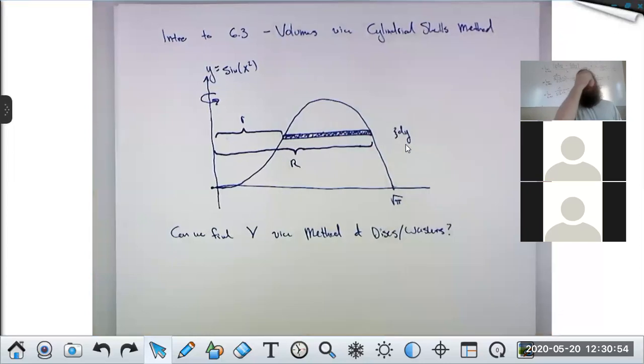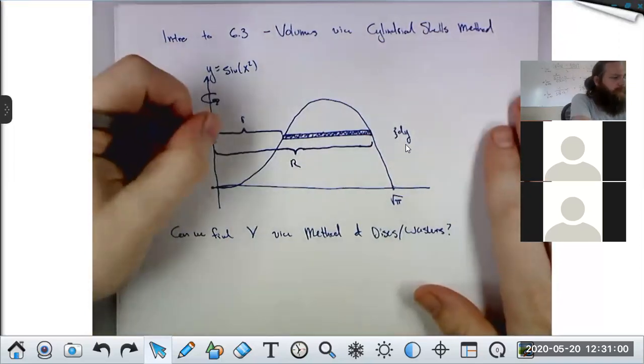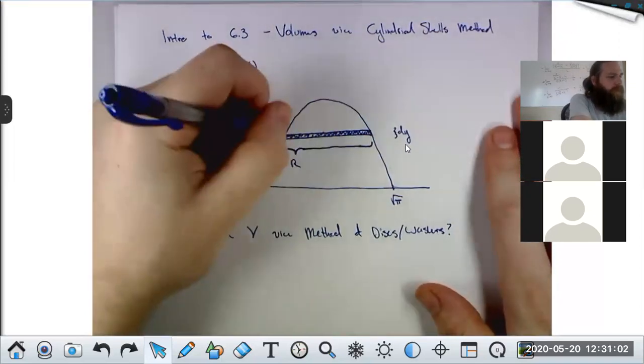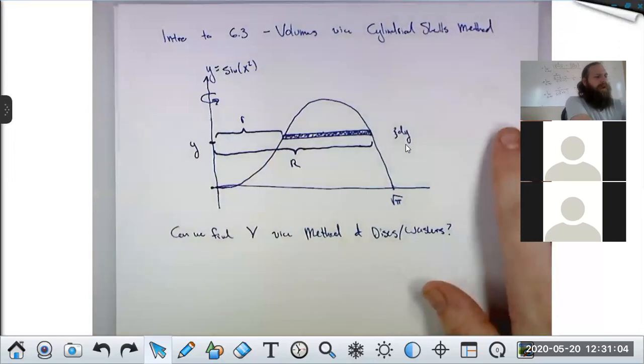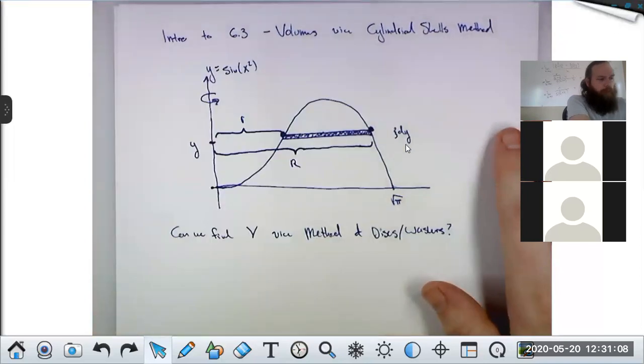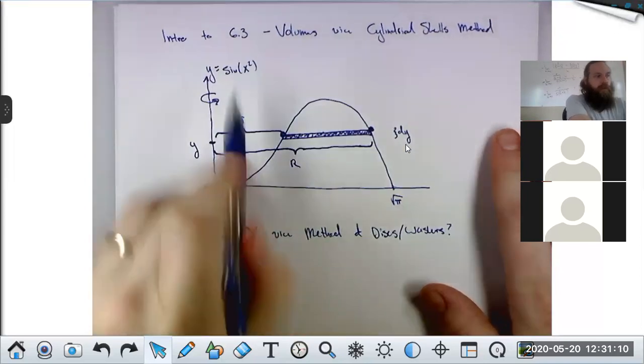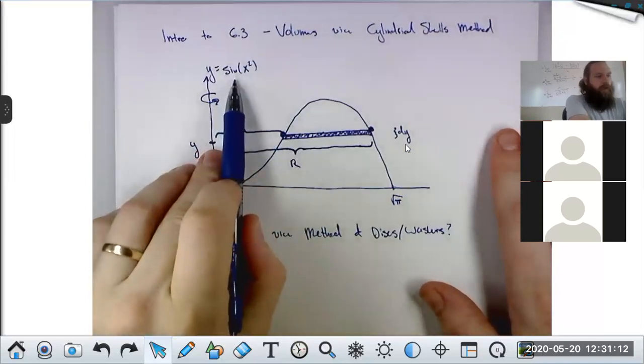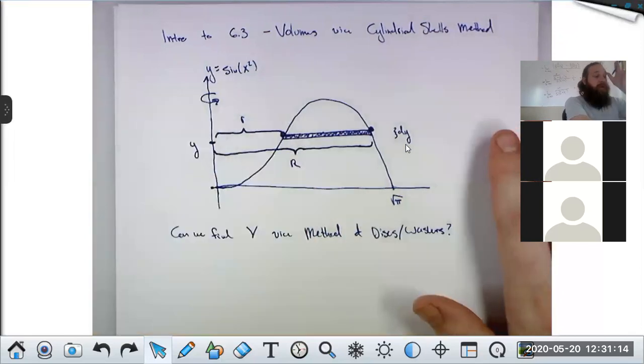What's hard about doing that is that this function sine of x squared, if I'm looking at just some generic y value here, I cannot characterize both of these points in terms of y. It can't be done because this function isn't one-to-one. I can't solve this nicely for x.